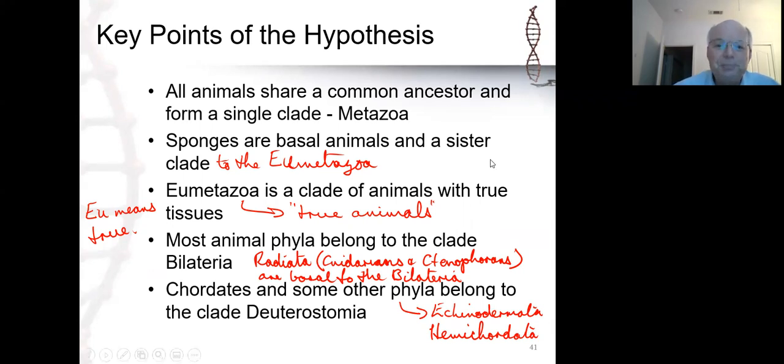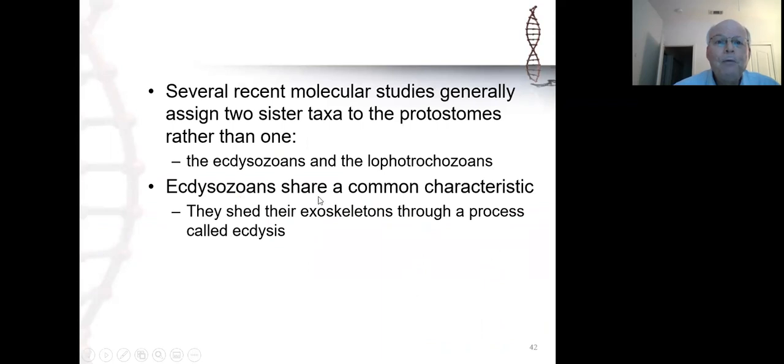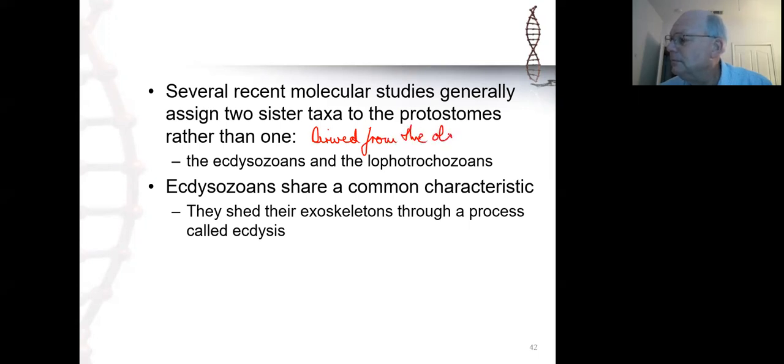So what happened to the protostomia or the protostomes? Well, the DNA analysis, basically, gene sequencing analysis suggests that the protostomia don't represent a single clade, but represent two clades, the ecdysozoans and the lophotrochozoans. So these are derived from the old protostomia.